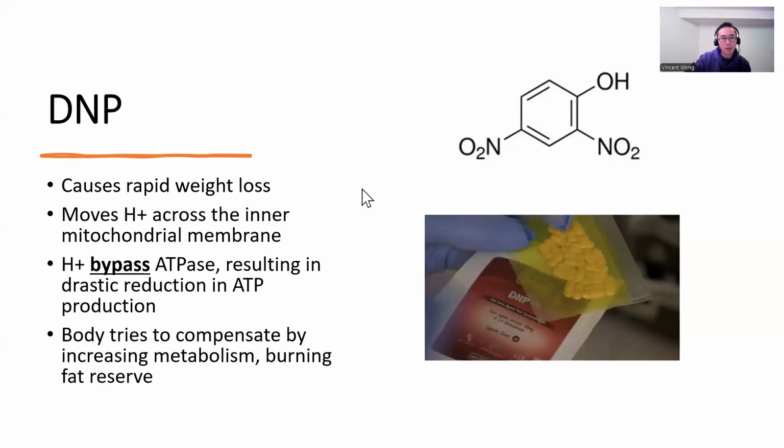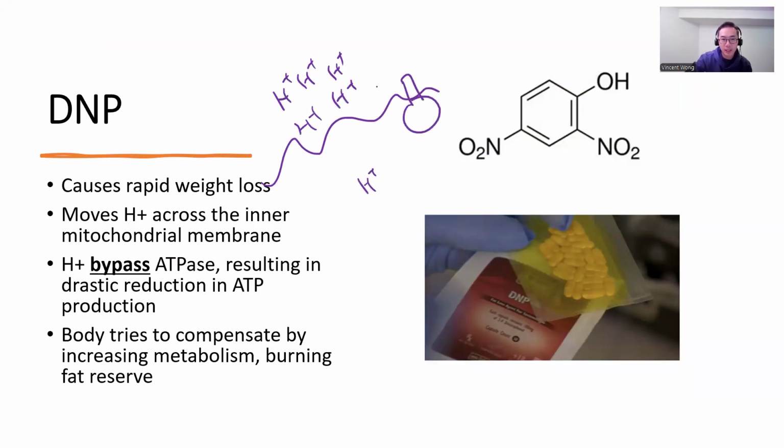And the problem with the DNP is that it causes the inner membrane to be leaky to the H plus. Basically it's like this. This is the inner membrane. Remember, you have all these H plus, and the whole point of having all these H plus is so that they're gonna go through the turbine, right? They're gonna go through the ATPase to create ATP, right? That's the whole point.